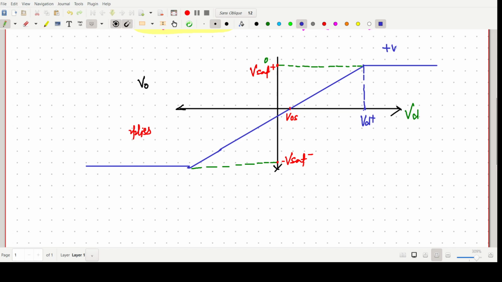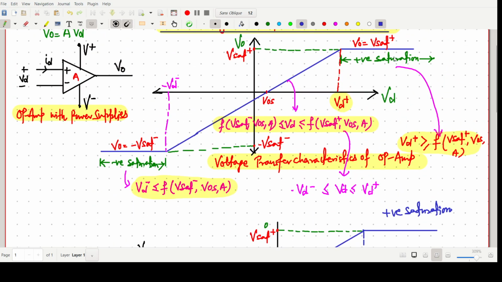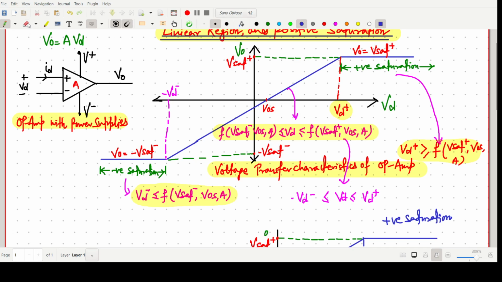One more important point to note is that this slope will be A, because V naught is A times Vd. So this slope will always be A, V naught by Vd.